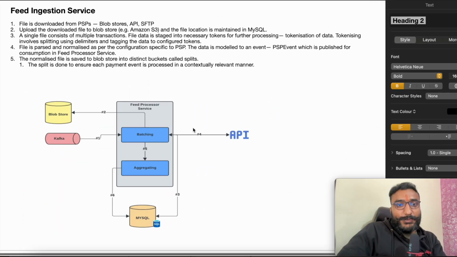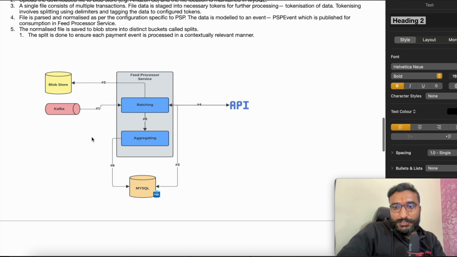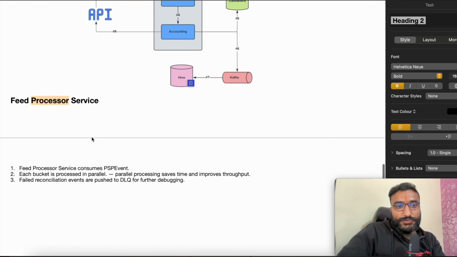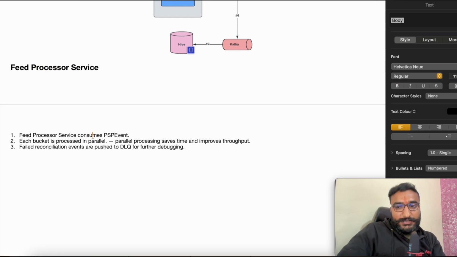In case of feed processor service, you receive the PSP event, and as we mentioned, multiple events are batched together, and then they are processed in parallel. Just because, as per our scale, the scale is huge, we want to ensure that our system processes these events in a latency sensitive way, without taking too much time, and that we have high throughput.